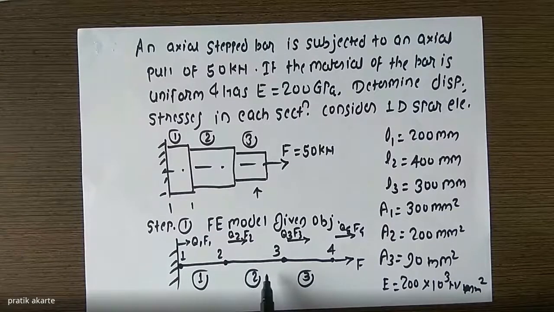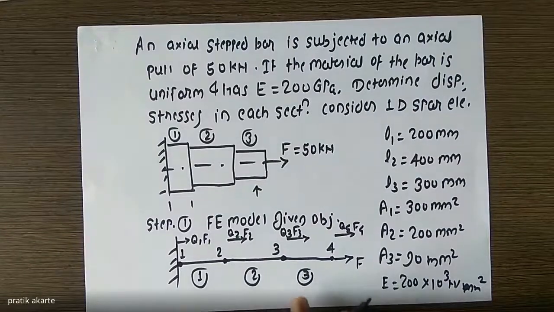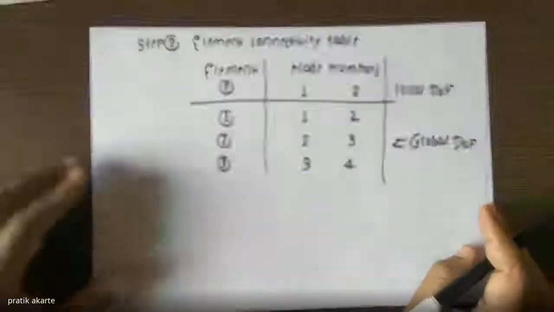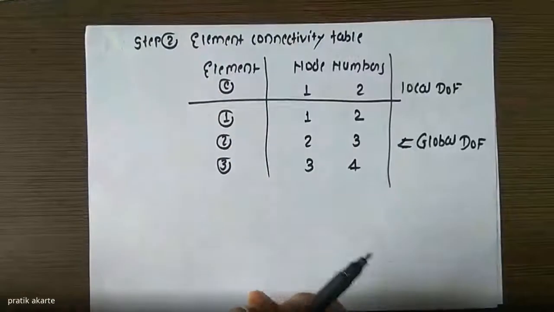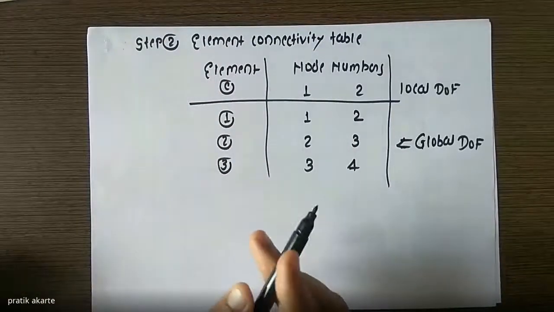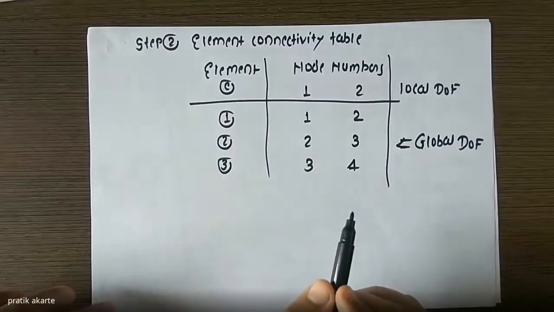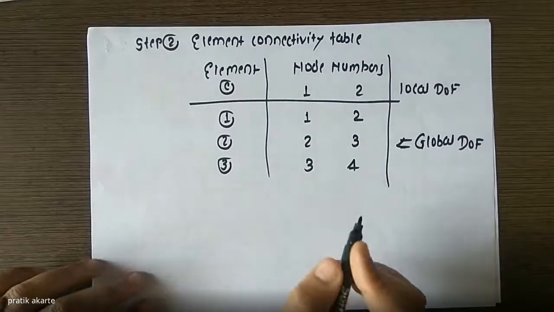For element 2, node 1 is numbered as 2, node 2 is numbered as 3. For element 3, node 1 is numbered as 3, and node 2 is numbered as 4. So the latter ones are the node numbers at global level, and the previous ones are the node numbers at local level. Okay. So this helps us to formulate the global stiffness matrix.